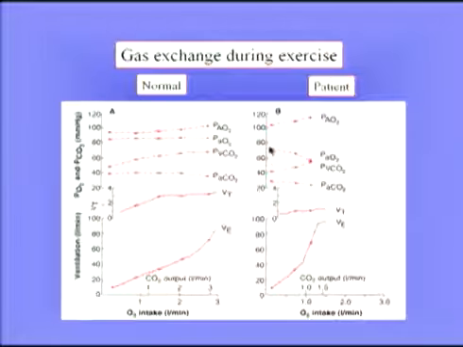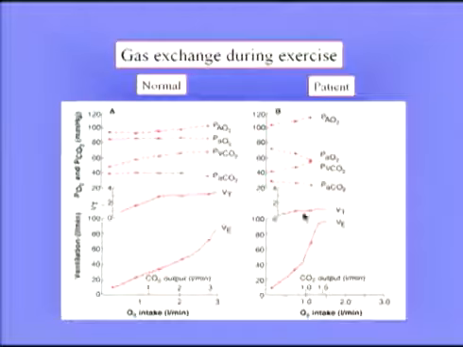And finally, what we see is a dramatic fall in the arterial PO2 as the exercise level increases, incidentally in spite of a rise in the alveolar PO2. So all this is consistent with a lung which is not able to mount the oxygen uptake of a normal lung.